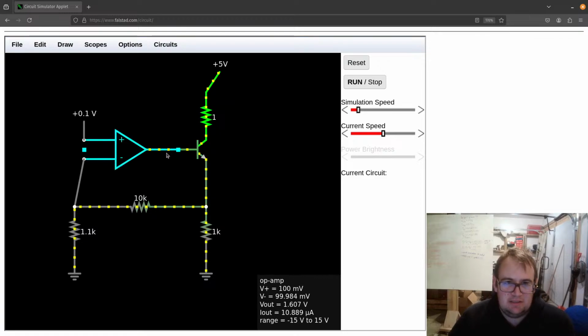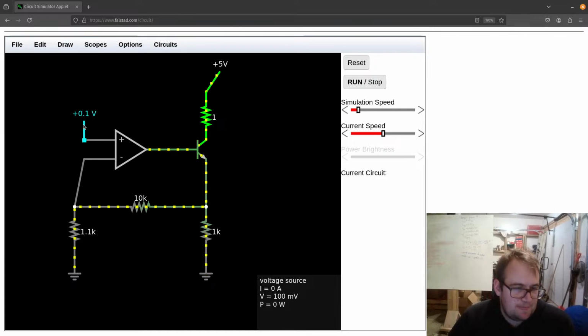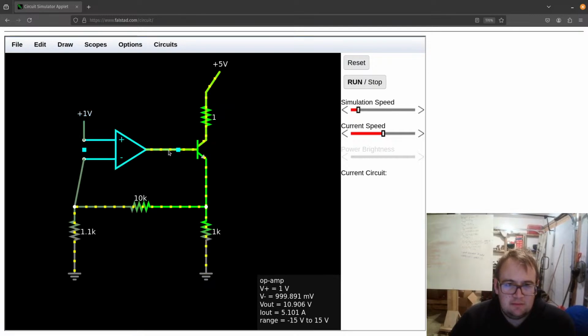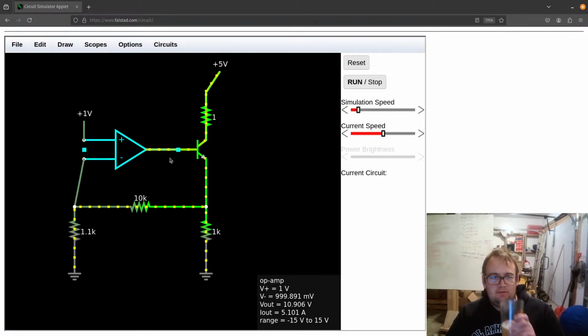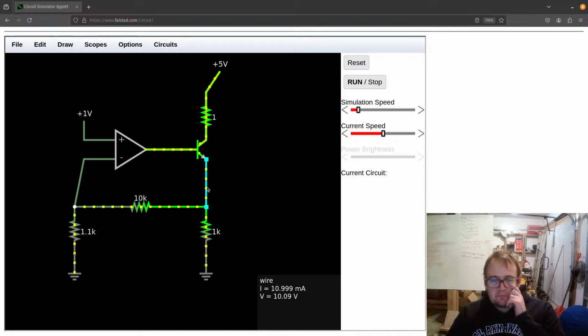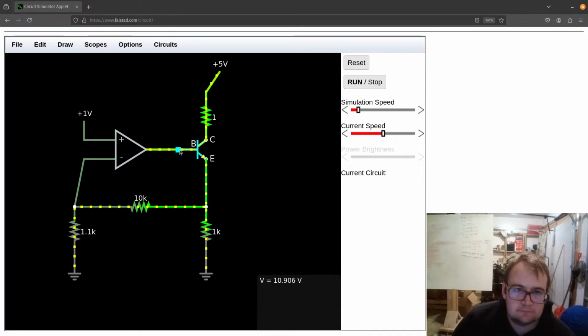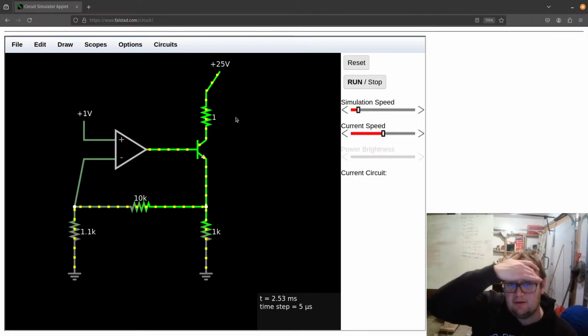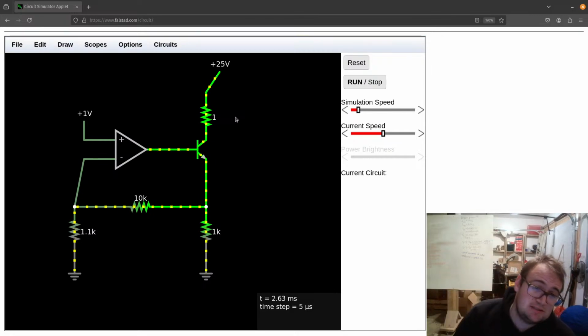Yeah, so that's all we really needed. It just needed some there. Let's edit this to go back to 1 volt. That's a lot of amperage though. I see. I think this needs to go 25. There we go. So that's one of our problems here.